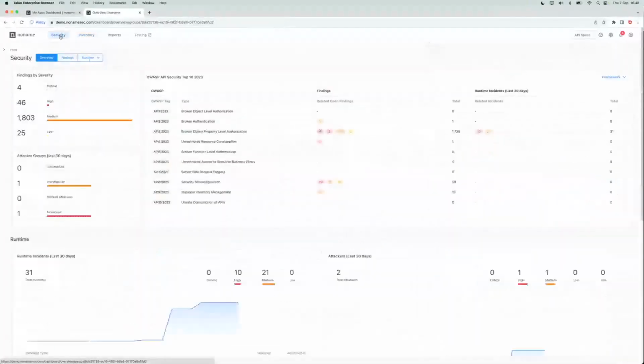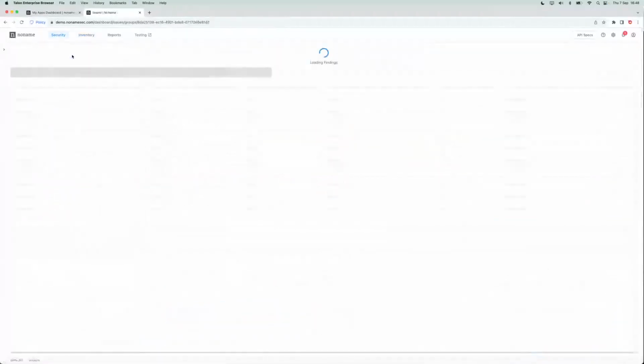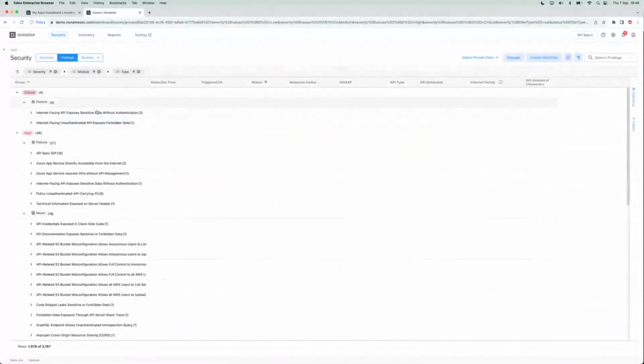Second part of those critical capabilities is then posture. So looking at findings, for example, here we have a finding that says we have an internet-facing API which exposes sensitive data, but you did not implement any authentication on that API. So that is a clear misconfiguration. We'll show you which category this falls under from an OWASP perspective.